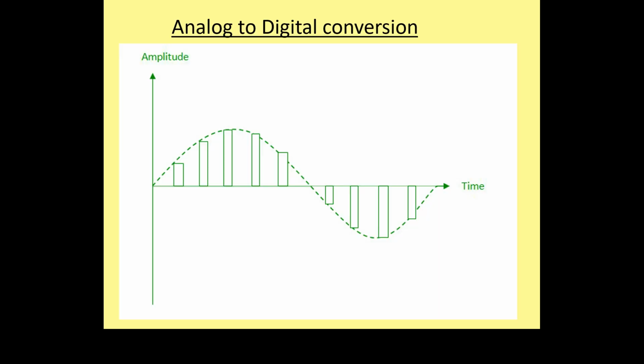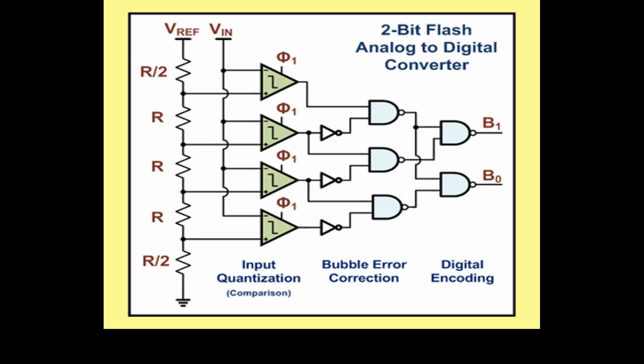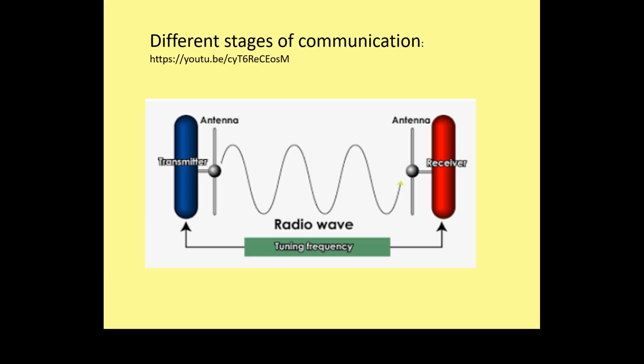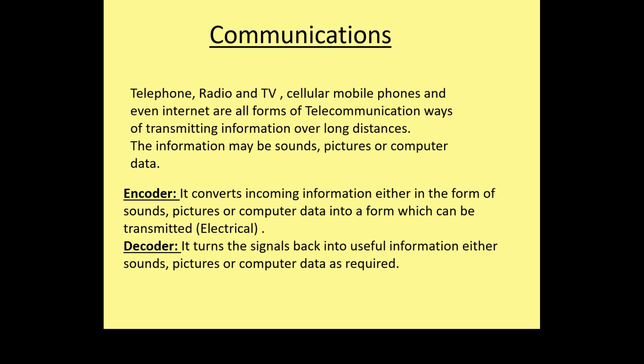We'll see what is encoder and decoder, then I'll come back to the slide. Here you can see the transmitter and the receiver. At the transmitter, the data is being transmitted by converting either from sound or light or the fundamental input data.